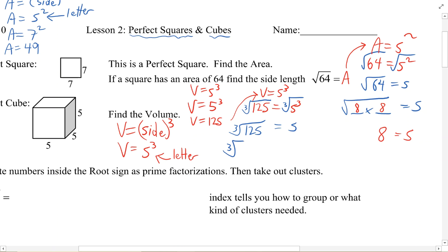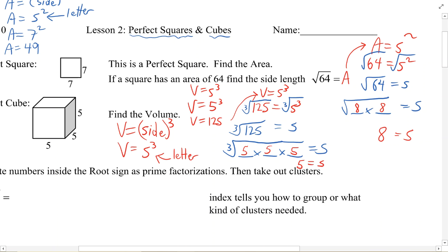What it's asking you now that the index is a 3 is, what three numbers multiplied together equal 125? Sometimes you're guessing and checking, other times you know the answer. Today we're going to focus on how to get that answer when you have some harder numbers. So 5 is your answer for the cube root of 125.